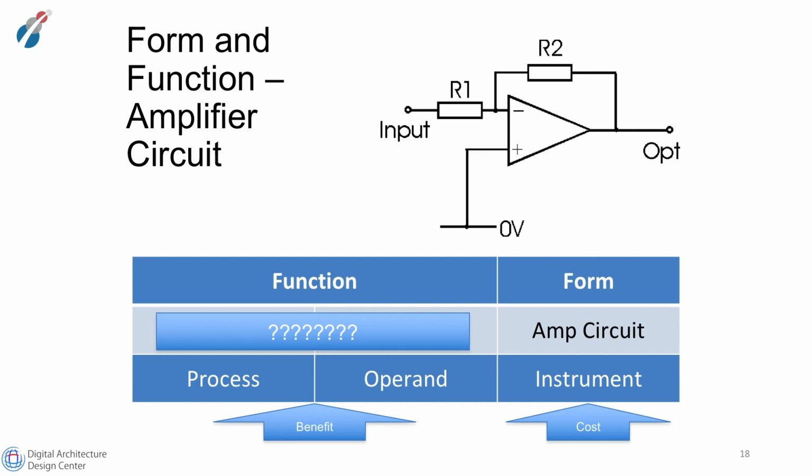We have resistors, an op-amp, and a ground. The amplifier circuit is the instrument. If we have to build it, this is where the cost of the system is accrued in creating the form.